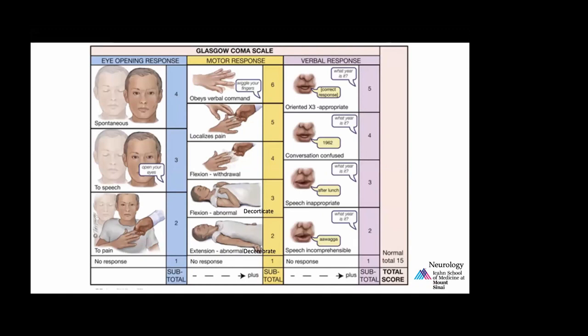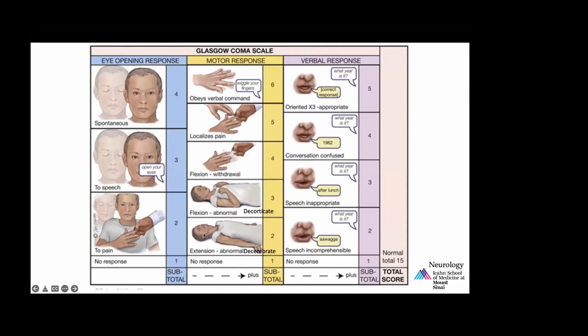Localizing to pain is where, if you squeeze the right upper extremity, for example, the patient actually goes and grabs with the other hand, or if you are helping them open their eyes, and they swat you away. So they actually localize to the pain. And then withdrawal is if they take that hand that you're squeezing and try to pull it away from themselves, but in a normal way. In other words, like an actual flexion, which I think is a little bit confusing.